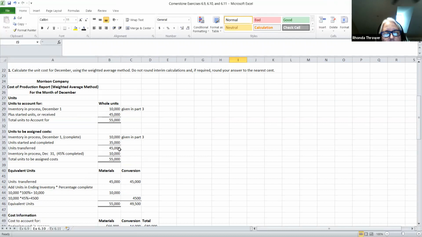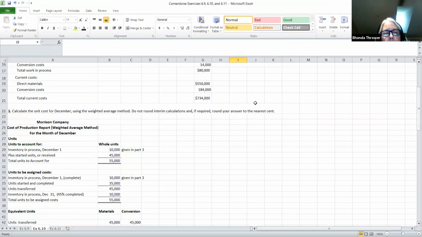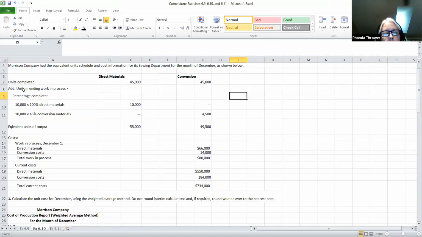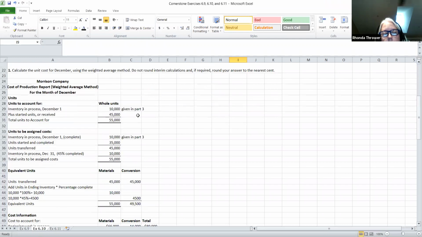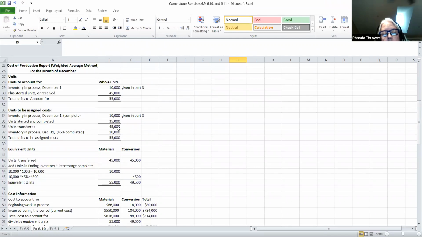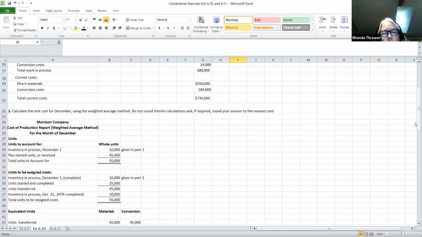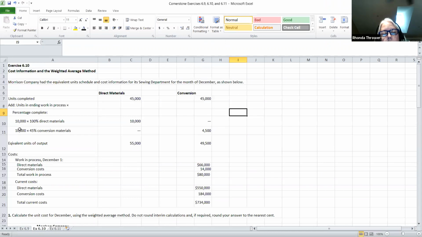So this 45,000 units transferred was given. The units that you completed are 45,000 with respect to materials and conversion. So the whole units completed are 45,000. The ending inventory units, the whole units, was 10,000.